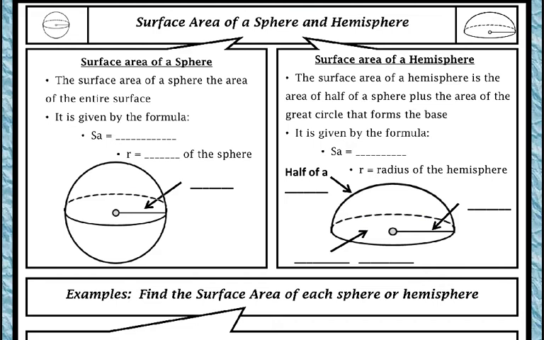So the surface area of a sphere is 4 pi r squared, where r is the radius of the sphere. So it's just 4 of them.